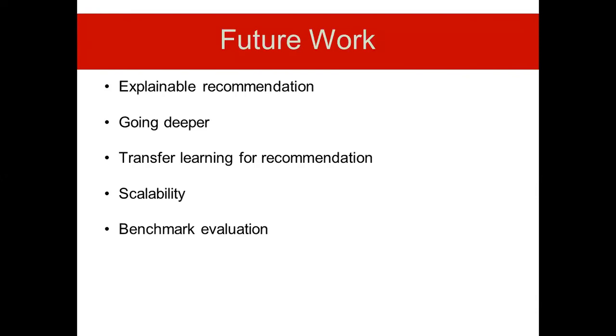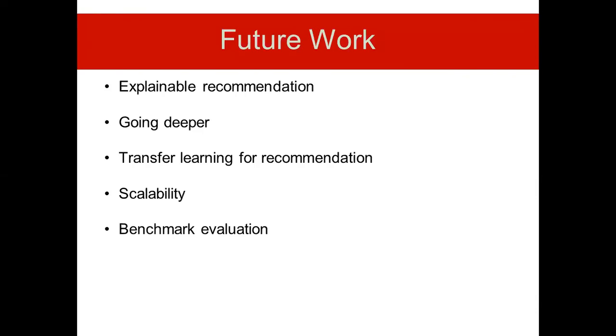For example, in natural language processing, the BERT model proposed by Google was trained on a huge corpus, like the whole Wikipedia corpus plus the Google book corpus, and then they just need to fine tune their network on a small data set in the particular domain, so that they can transfer the knowledge from a very large corpus. So how can we do this transfer learning for recommendation? I believe that's an important direction.